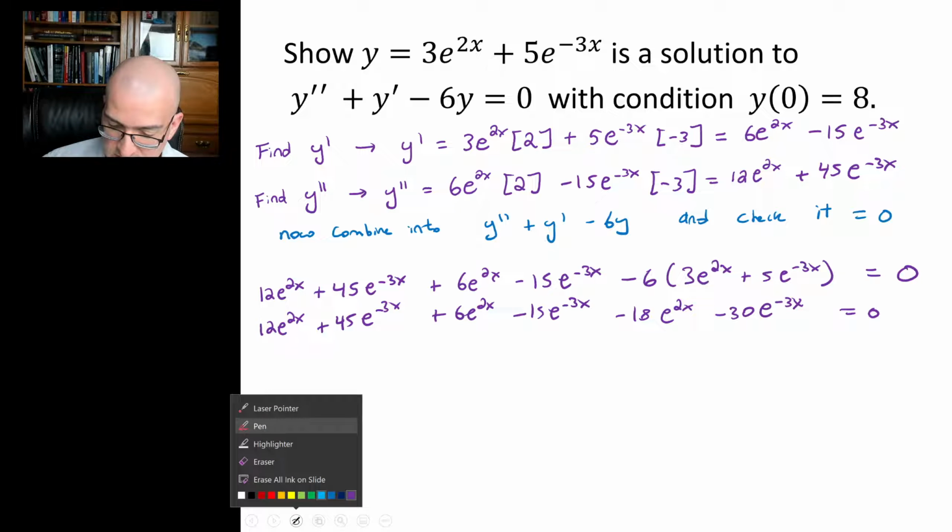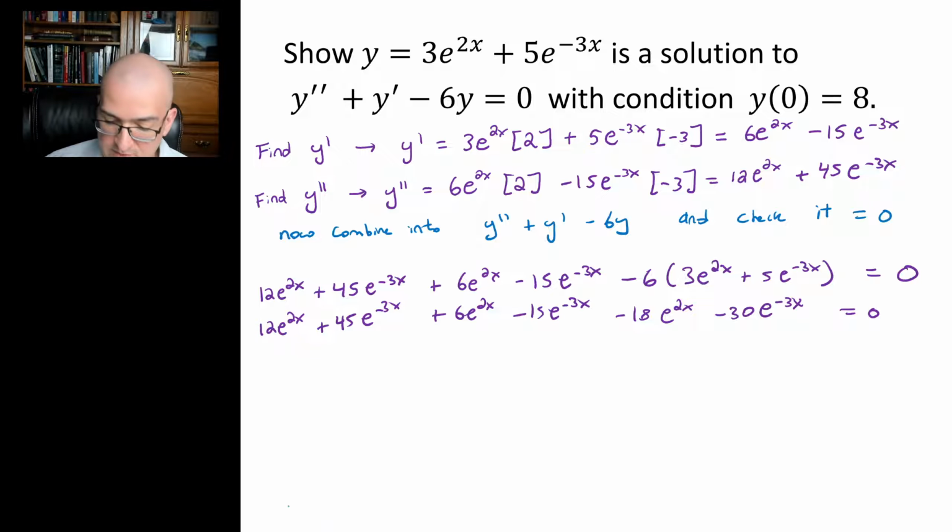Let's collect like terms. So looking at all the multiples of e to the power of 2x, I'll just underline them all. We got one there, and one there. So we have 12 plus 6 minus 18 times e to the 2x.